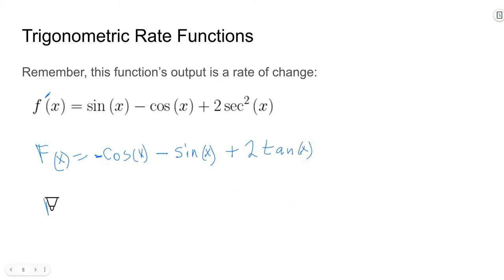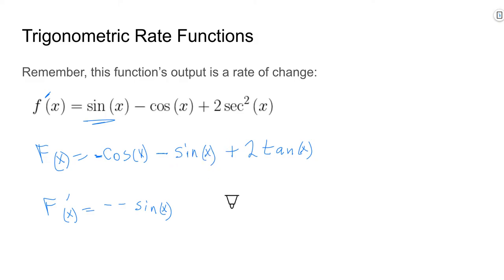So what I do to check it is take the derivative of the function I found. So I've got negative cosine. If I take that derivative, I'll get negative sine, right? I'm going to write that out. Negative sine x, which will become positive sine x, okay, that's looking good, step by step. I got negative sine x.